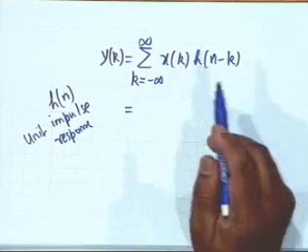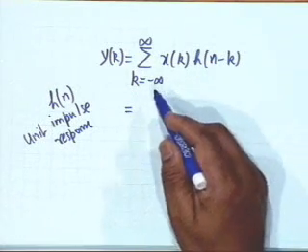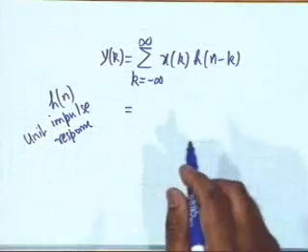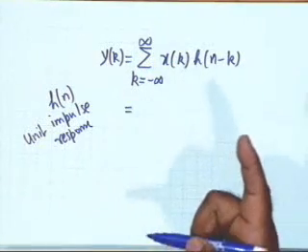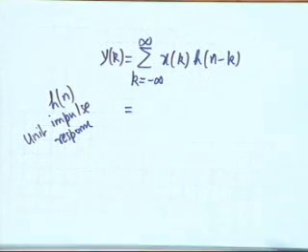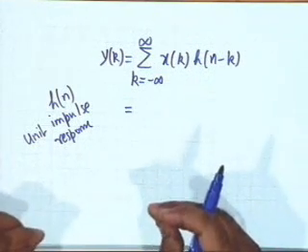You multiply the two and take the sum from minus infinity to plus infinity. This operation, which consists of 3 steps: choose a value of k, choose a value of n equal to k, shift the impulse response, multiply the 2 samples and sum them up over all possible values of k.